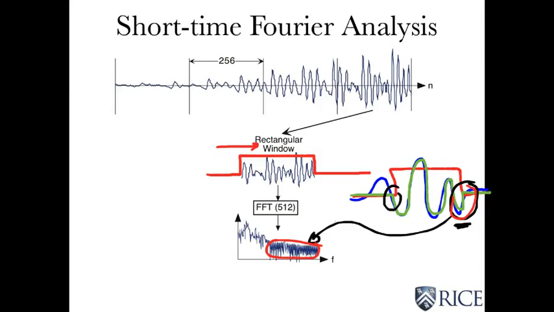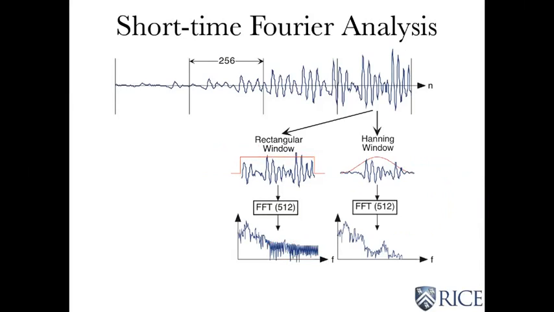How you do that is just selecting a window which gracefully goes to 0 at the edges. So we're going to use what's called the Hanning window. It turns out it is one cycle of a sinusoid that's been raised up to be positive and has a maximum amplitude of 1, but it equals 0 at the edges.